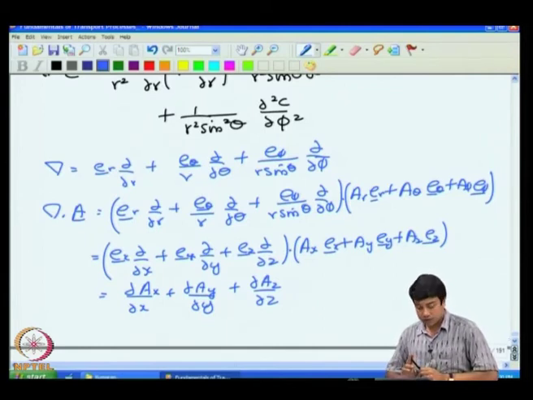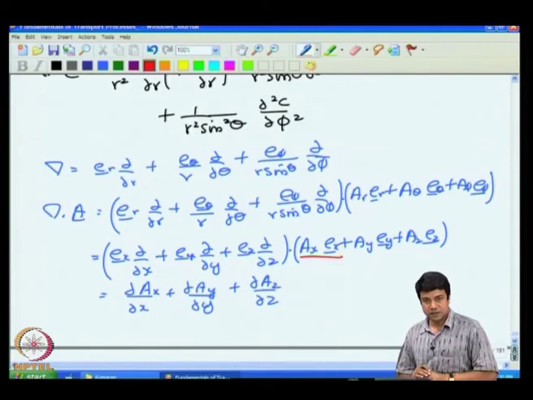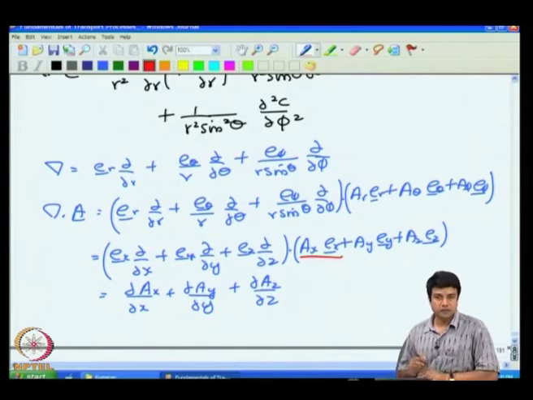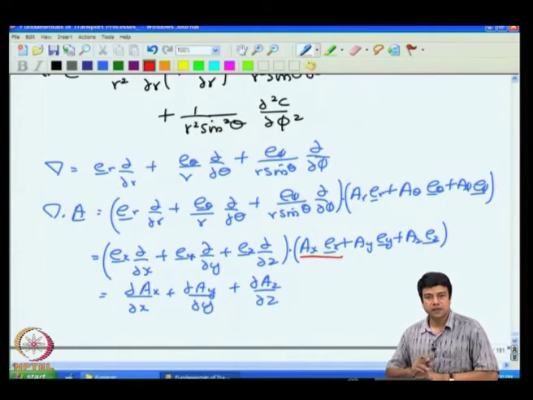Note that strictly speaking, both the component and the unit vector are within the differentiation, are quantities that are being differentiated, and strictly speaking you should differentiate by chain rule. First take the derivative of the component times the unit vector, and then the component times the derivative of the unit vector. In the Cartesian coordinate system, we had the advantage that the unit vectors are independent of position.